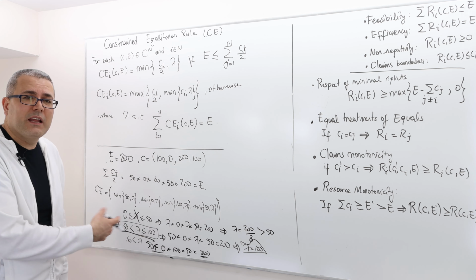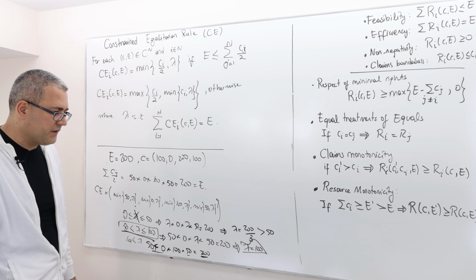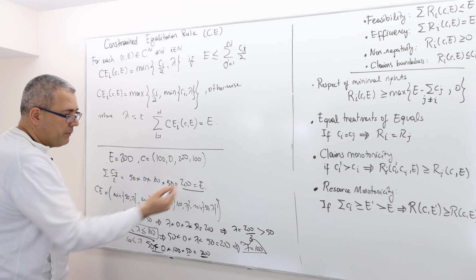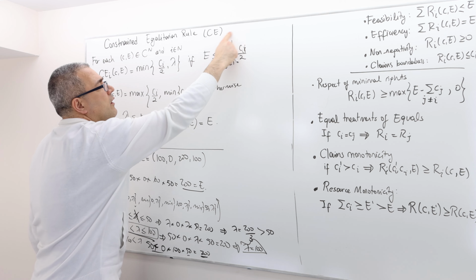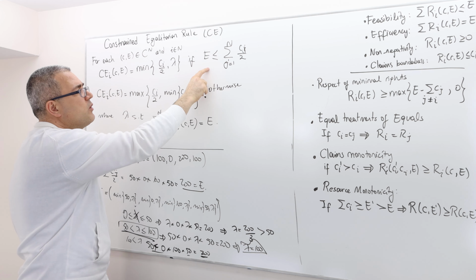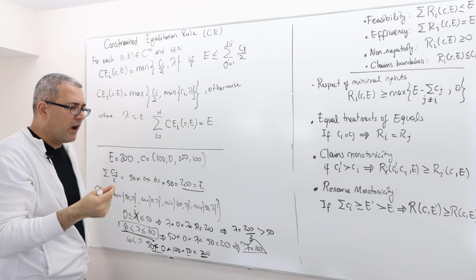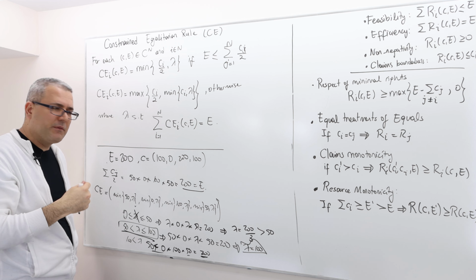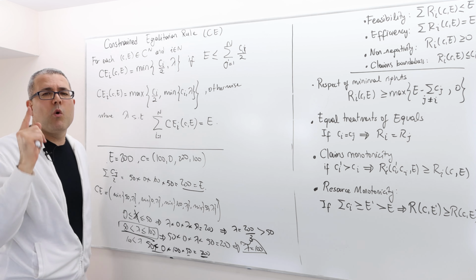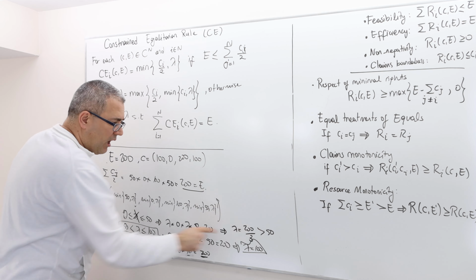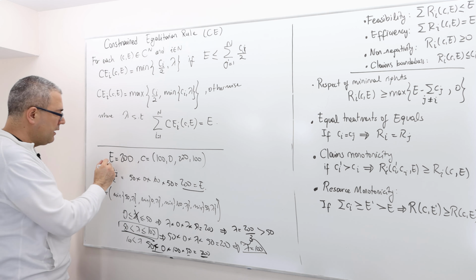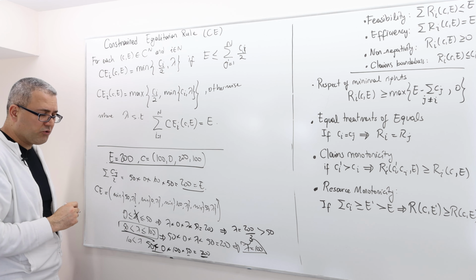There's no lambda. Lambda basically vanishes. This 200 equals 200 holds simply because the summation of half the claims was equal to E, and so I didn't really need a lambda value. So as you see, I found only one lambda value, which is 100. In this specific problem, lambda must be 100.